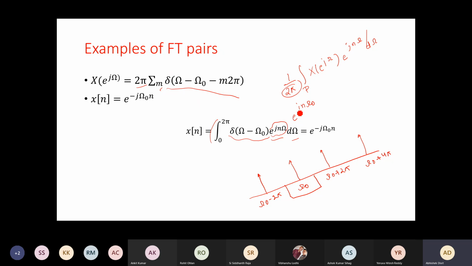With a minus sign. Why are we having a minus? Will we have a minus sign? Class? No, sir.